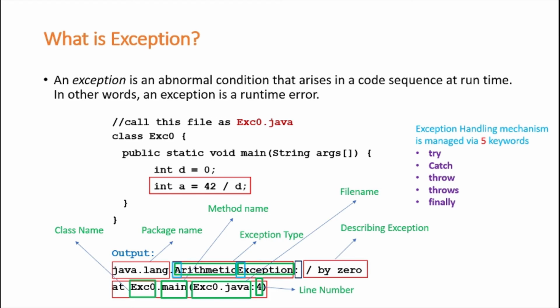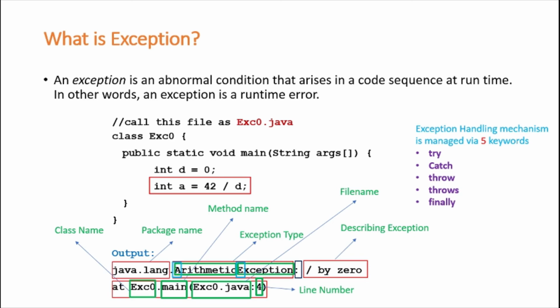But with exception handling, we can continue the execution of the program even though there is an error in the program. That is, the program continues its execution as if there is no exception. I believe you understood.